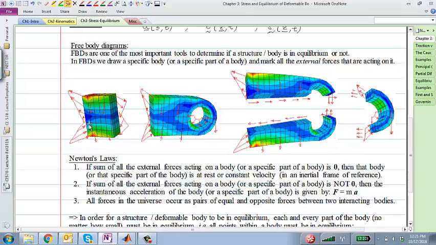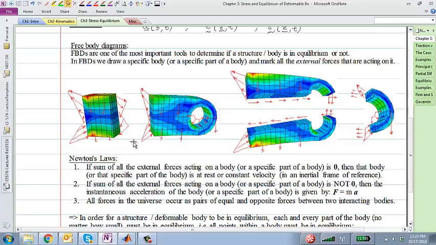So if body A applies some forces to body B, then B has to be applying equal and opposite forces on body A, point-wise. Meaning, if I look at these two cross sections, this distributed force vector coming from B is equal and opposite to this distributed force vector coming from A onto B. In this way, you can draw the free body diagram of any object or any part of any object.